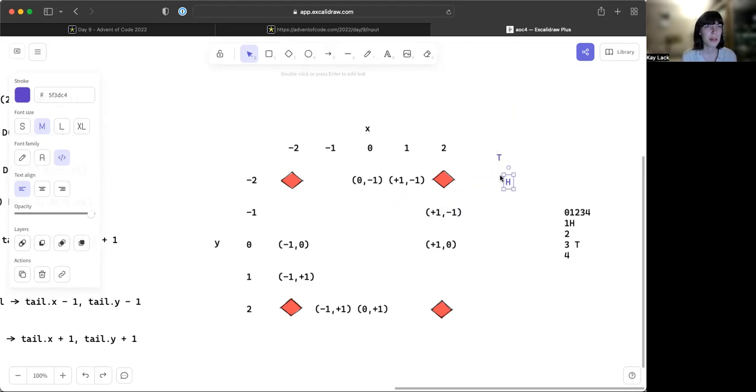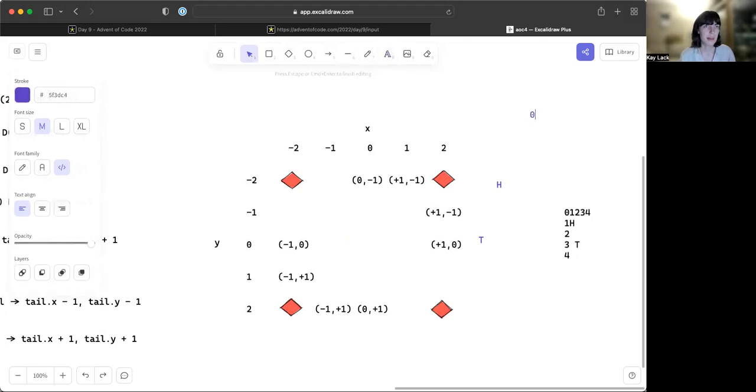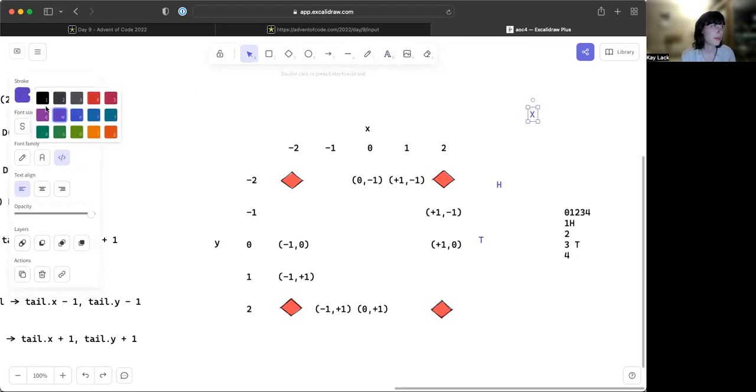Okay, well, we can pretty much fill this out. So if tail is here, well, we know now that this is going to be 0, 0. In fact, let's stop this nonsense. Let's make a special X just in gray for the cells that we're not going to populate.